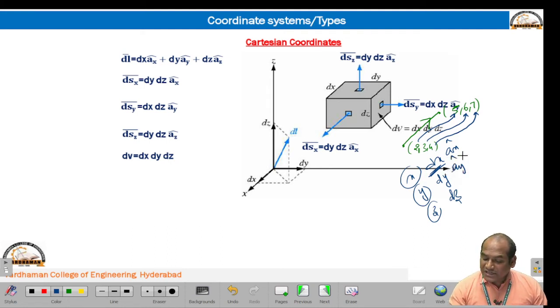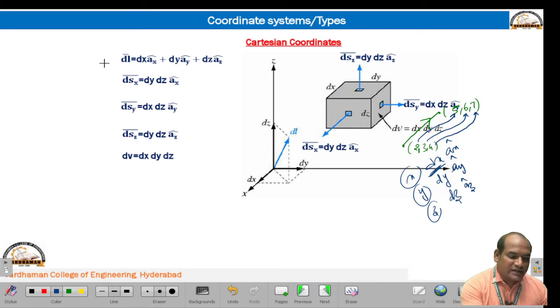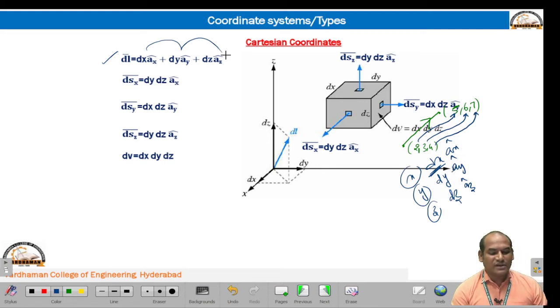In the z direction? dz az cap. What is the total differential length vector? There is a change in x, in y, and in z, so in 3 directions change is available. So the total differential length vector is dl bar equal to the addition of these 3: dx ax cap plus dy ay cap plus dz az cap.